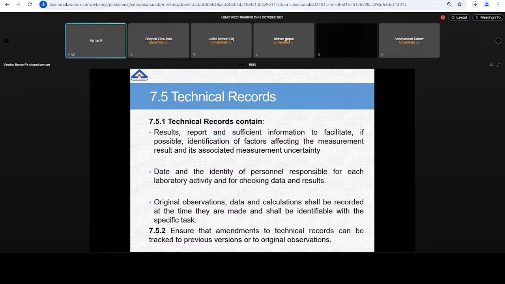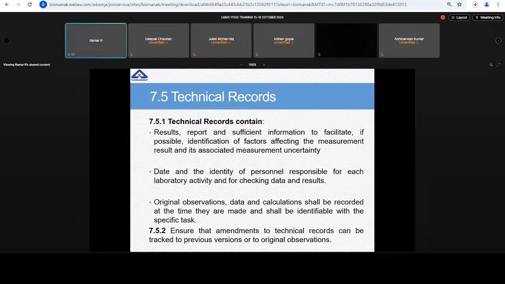So what purpose they have done, who has done, when it has been done, all the information must be available, and the original old data and the current data both must be retained for the audit purpose. So that is what the policy and the amendment of records.